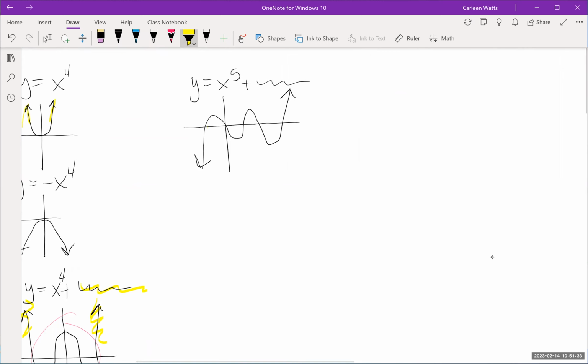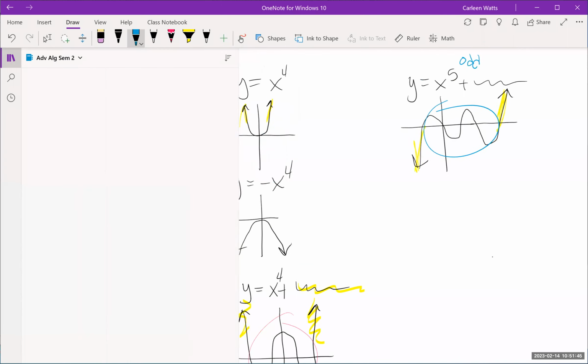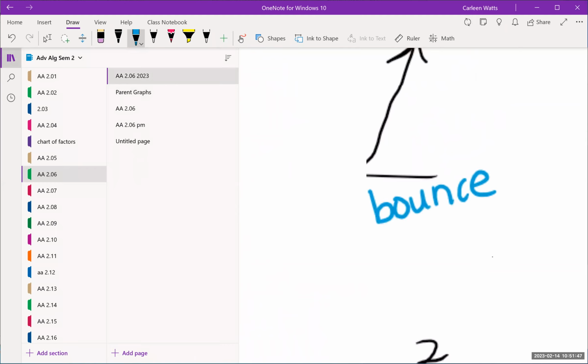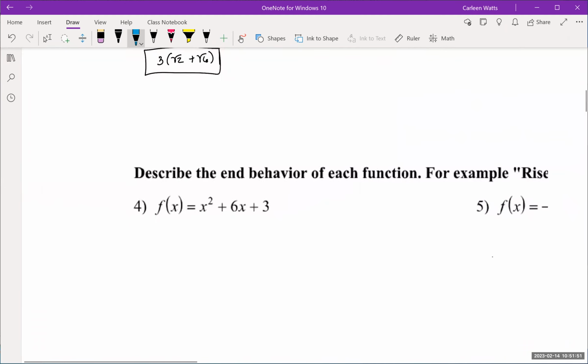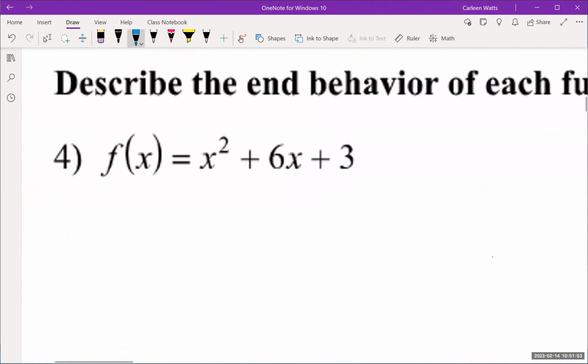Negatives go down, positives go up. The biggest exponent is odd. End behavior stays the same, middle behavior changes. Okay, going back. So we're going to use words.